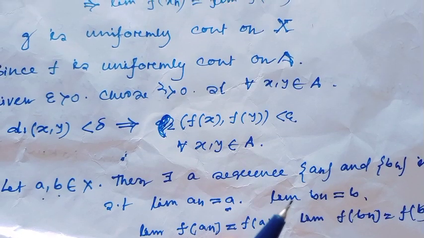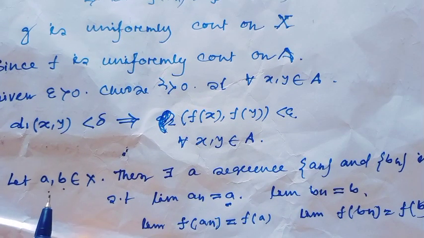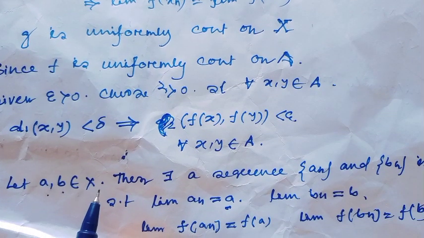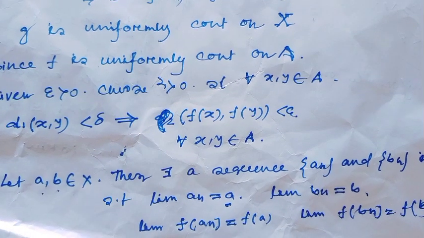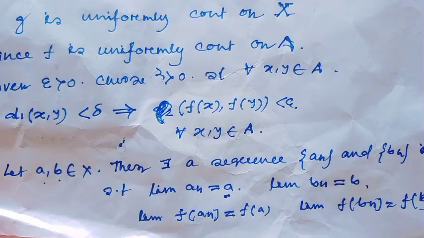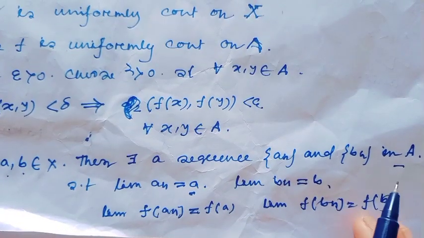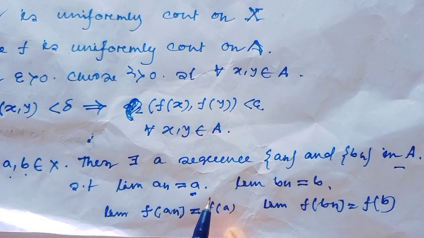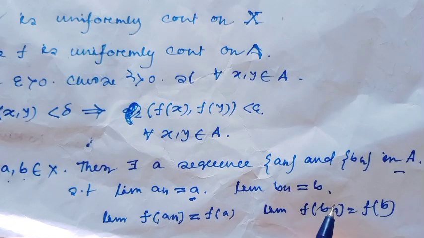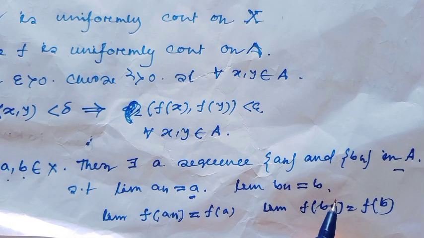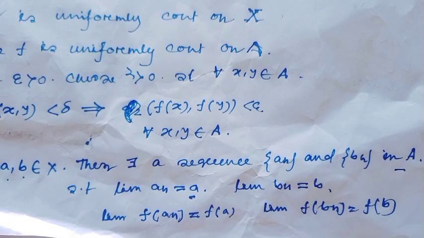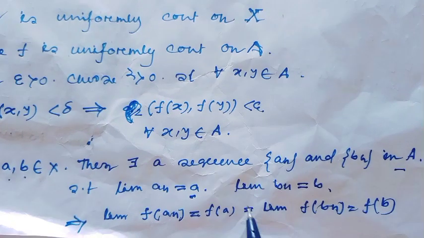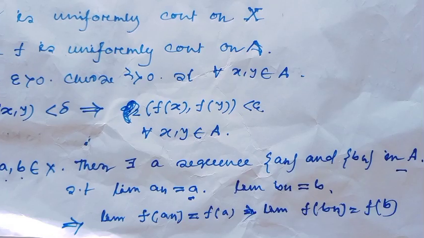We have to show the function g is uniformly continuous on the set X. For this, consider two arbitrary points a and b in the set capital X. Then obviously there exist sequences an and bn in the set A such that limit an equals a and limit bn equals b. That implies limit f of an equals f of a and limit f of bn equals f of b.